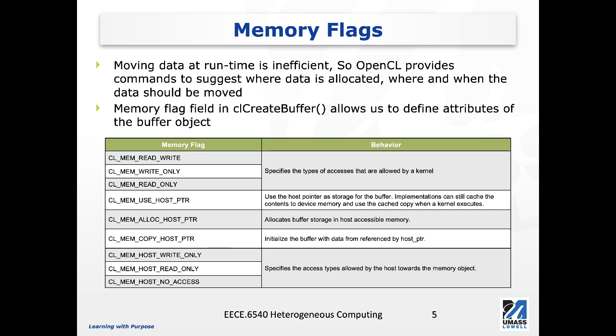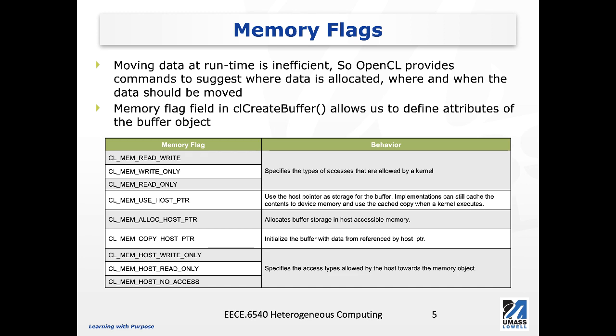The next option, CL_MEM_ALLOC_HOST_PTR, is to allocate buffer storage in the host accessible memory. Note that we are trying to allocate a buffer, and this buffer is supposed to be accessed by the kernels executed on the device. Allocate host pointer is to allocate buffer storage in some space that is accessible to the host.